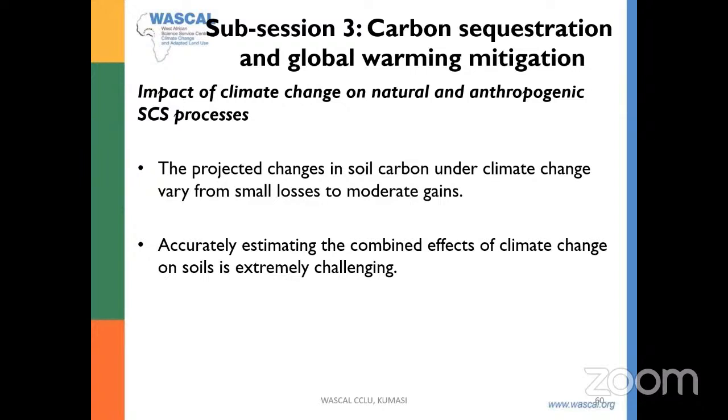So as climate is changing, soil organic carbon from models would change from loss to gain, depending on the changes in the climate. And accurately estimating the combined effect of climate change on soil is challenging because our models, as we learned from section 2 yesterday, are not even accurate. There are uncertainties.